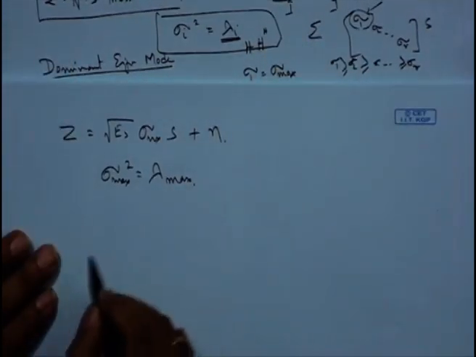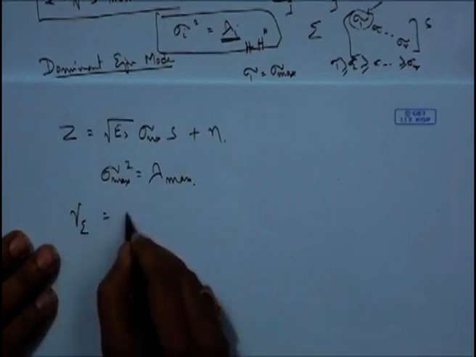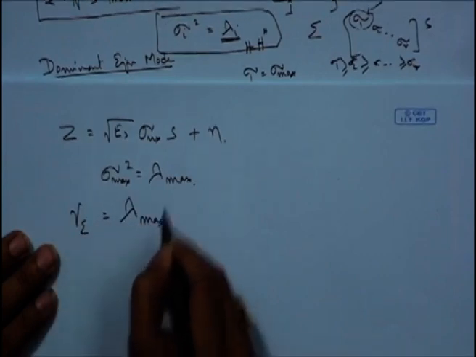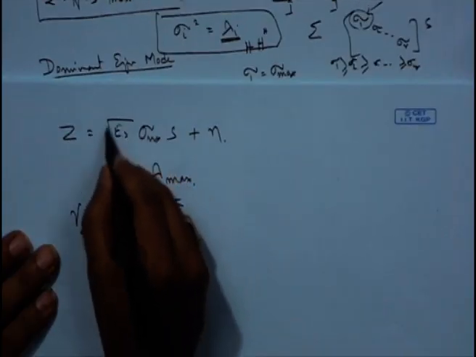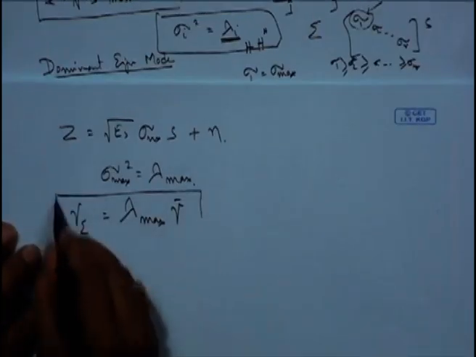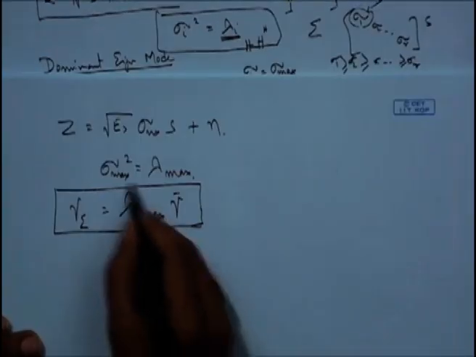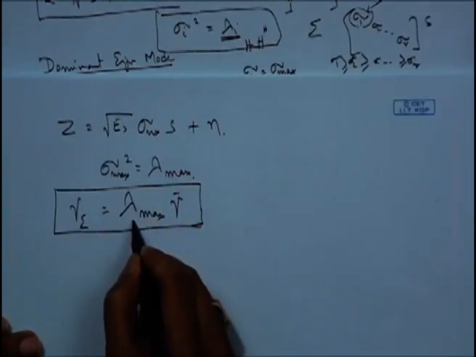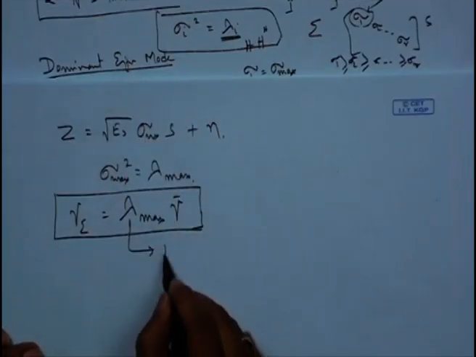So, when we calculate the SNR given by gamma combiner is equal to lambda max, because this is squared, times gamma bar. Gamma bar is ES by N naught. So, that is the expression of the combined SNR at the receiver, and since we are using this lambda max in the SNR, therefore, the name dominant eigenmode is even more evident.